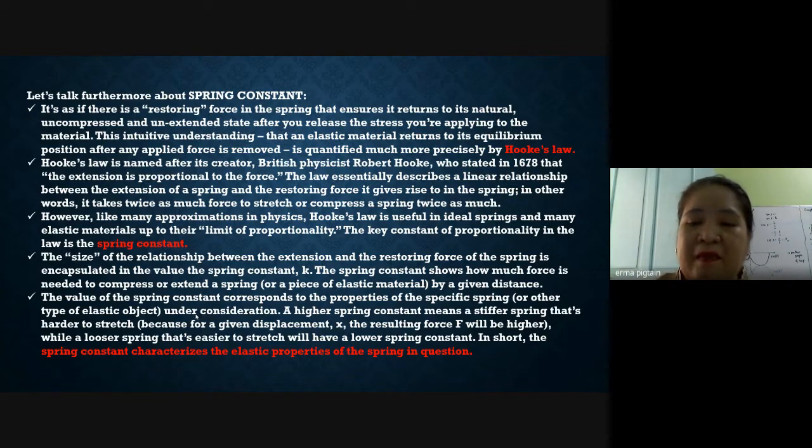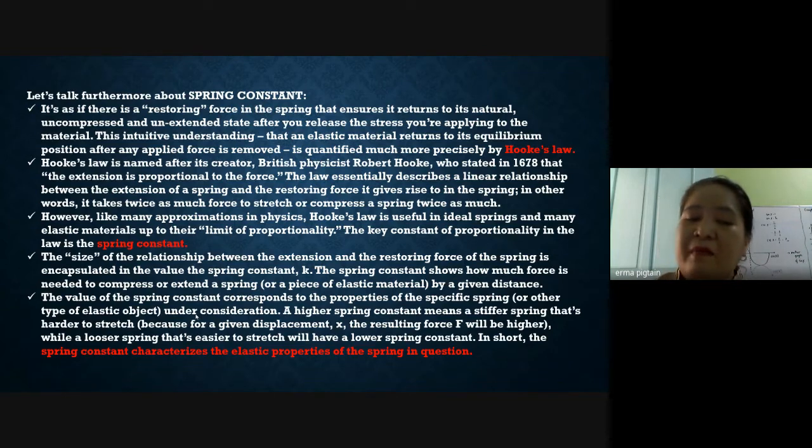So, ibig sabihin, the more siyang mahirap i-stretch. Di ba? The more siyang mahirap i-stretch. The resulting force F will also be higher. While a looser spring that is easier to stretch will have a lower spring constant. In short, the spring constant characterizes the elastic properties of the spring in question.